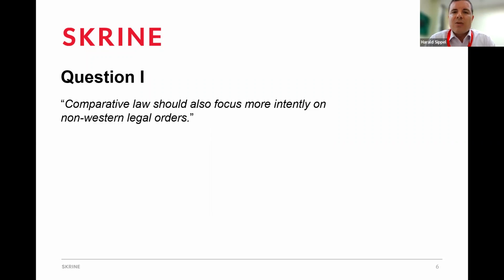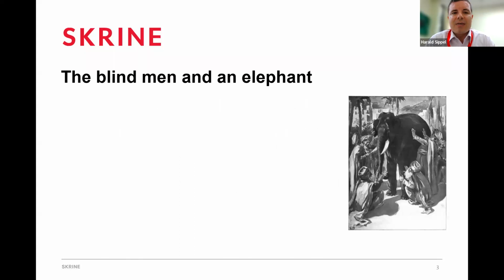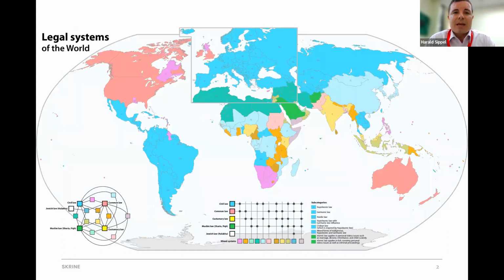And you saw the map I had here at the beginning. I'm going back now, even though it takes a while. This is full of colors, right? If we stick to traditional Western legal orders, if I want to put it so, we say there's either civil law or common law.